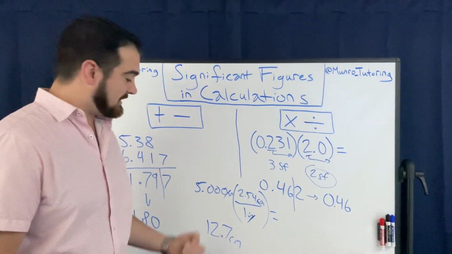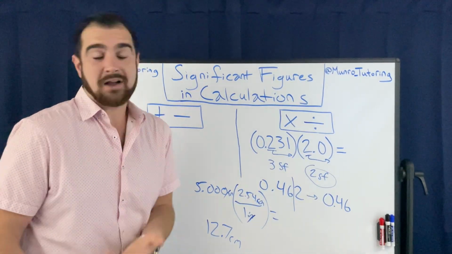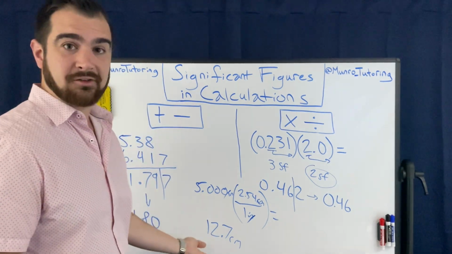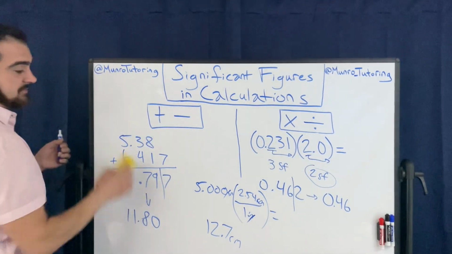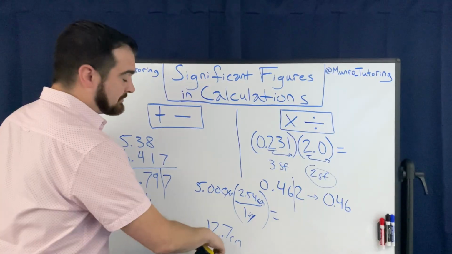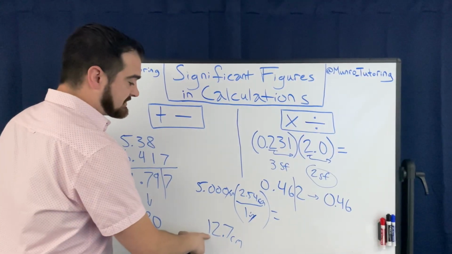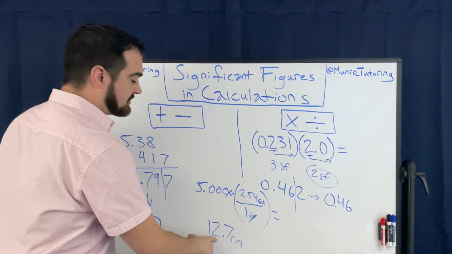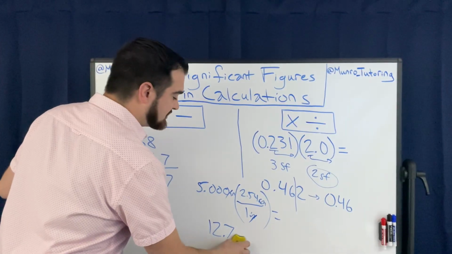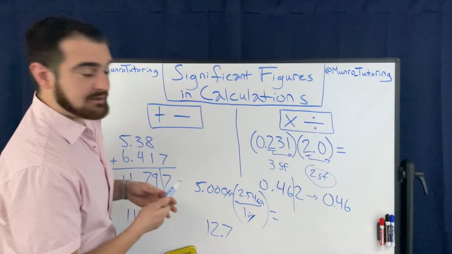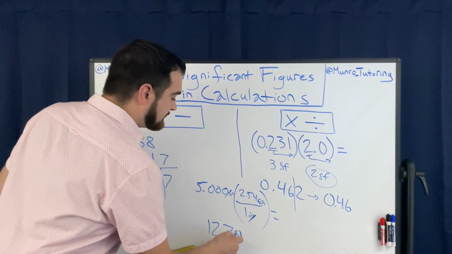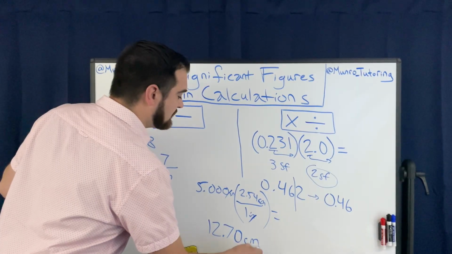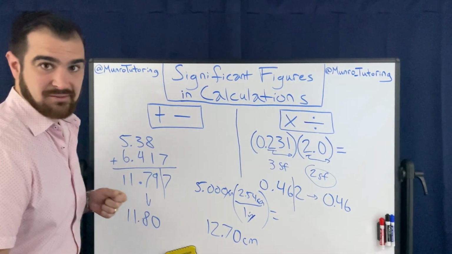This doesn't affect it, and I need 4 in the end. Okay? So how do I get 4 sig figs from something that only has 3? Well, again, we have a decimal point, so we start from the first non-zero, there it is, and go to the end. So I have to have 1, 2, 3, 4. I need to add a digit here, and you just tag on a 0 at the end, and now that is 4 sig figs. I didn't change the value. I just made a more precise number, okay?